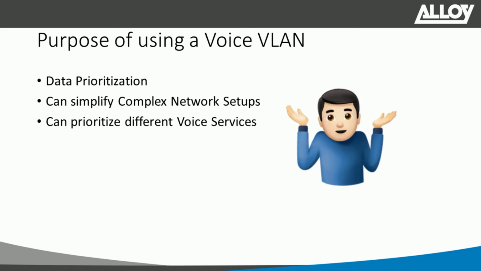So what's the purpose of using it? Three main reasons for using a voice VLAN. Some I find aren't as important today as they were when the technology was implemented. First, when configured correctly with all of your routing equipment, the devices don't have to contend with other bandwidth and other traffic on your network.